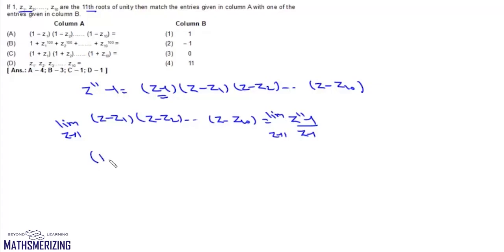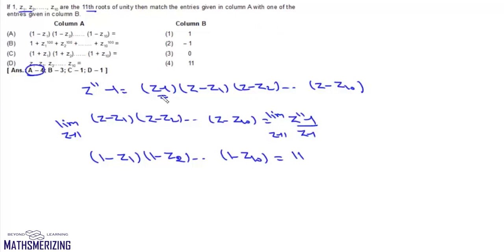Now on the left hand side we'll have (1-z1)(1-z2)...(1-z10), and this is the limit x tends to a of (x^n - a^n)/(x-a). So it will be n a^(n-1), which is nothing but 11. So this A matches with 4.